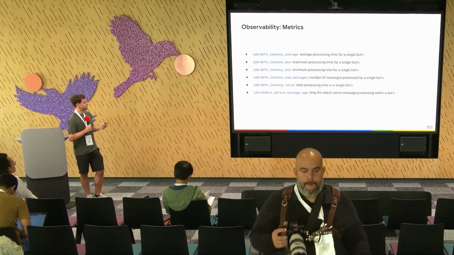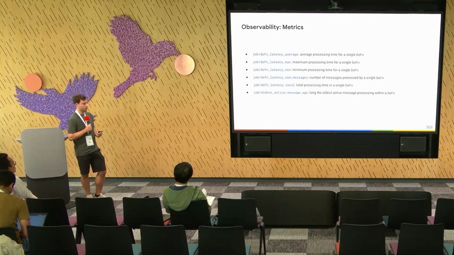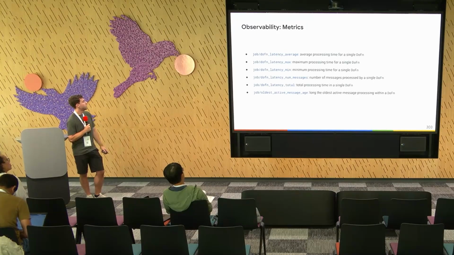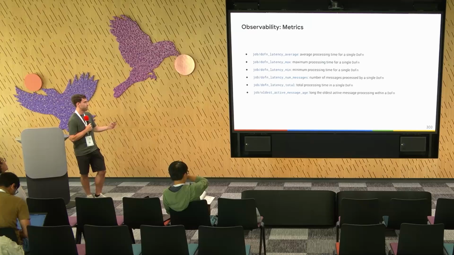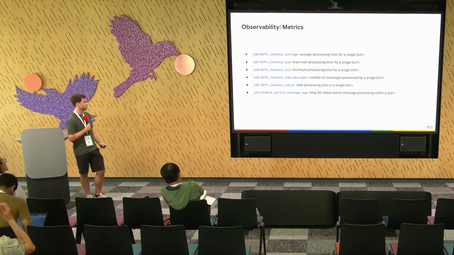Before these new metrics, a lot of the observability was around which stage was slow. With the do fn latency metrics, you can now see what part of the stage was slow. Things like the average latency, max, min, oldest active message. Those can help you dive into why that stage was slow.